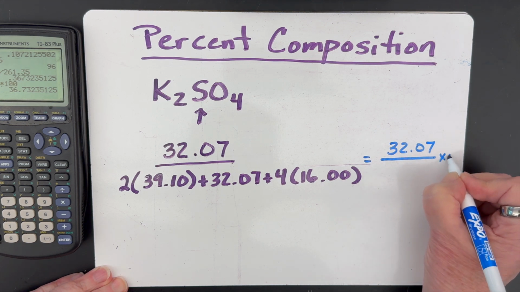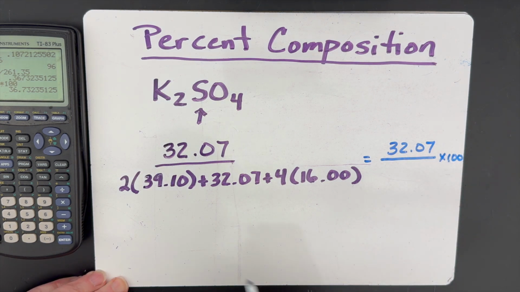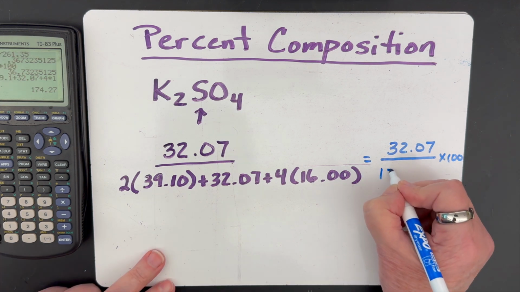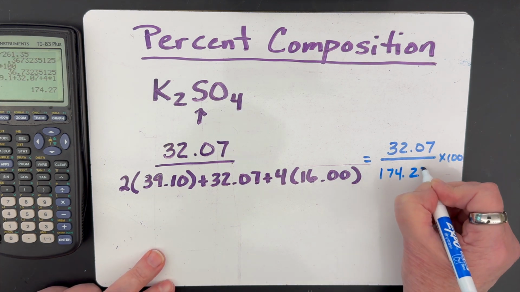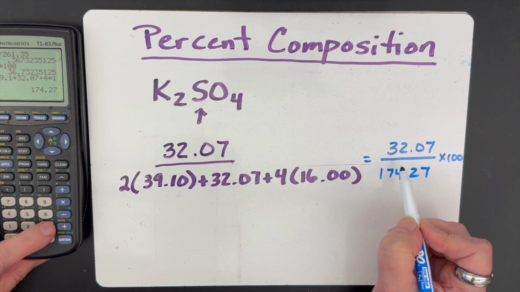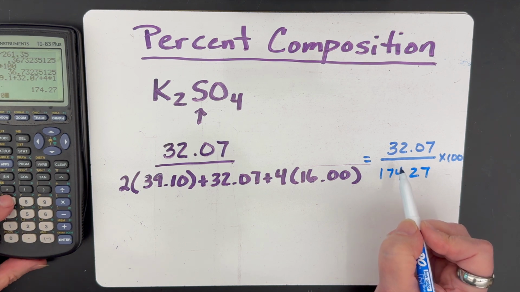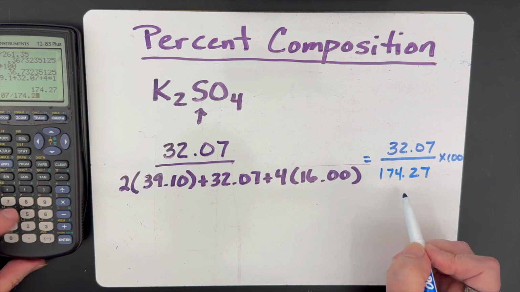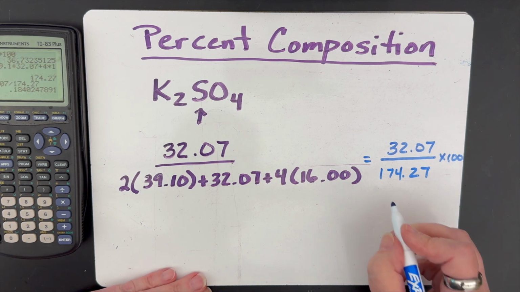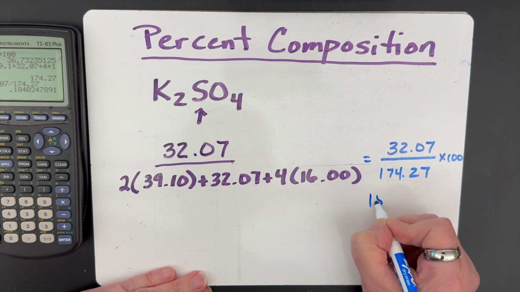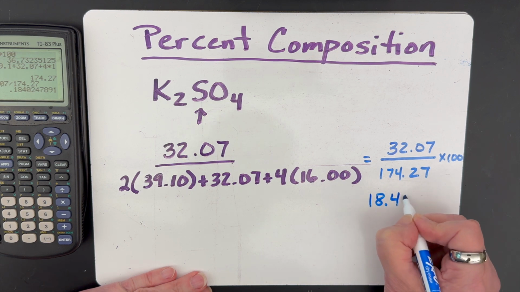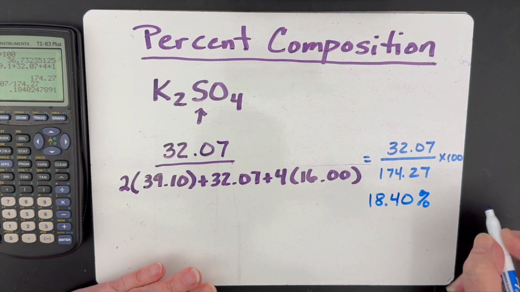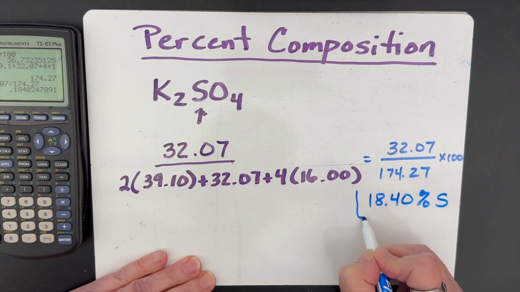Remember, we're going to have to multiply this by 100. On the bottom, 174.27. So we take 32.07 divided by 174.27, and times 100, we get 18.40% sulfur in that compound.